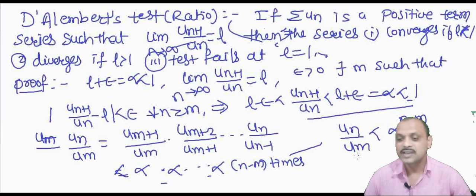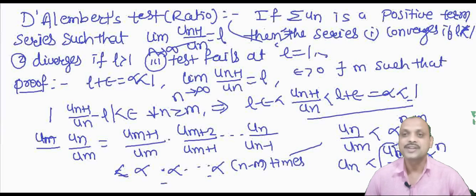Then u_n is less than u_m divided by alpha raised to m into alpha raised to n. Now see this term, this is a fixed quantity, alpha raised to m is fixed, here n is varying, so it is like k into alpha raised to n.